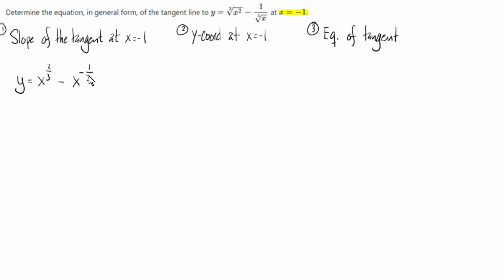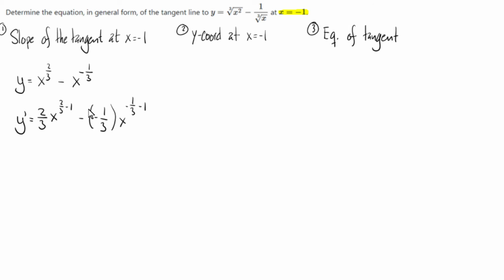Now we can apply the power rule and differentiate this. So y prime is going to be 2/3 times x to the power of 2/3 minus 1, minus negative 1/3 times x to the power of negative 1/3 minus 1.